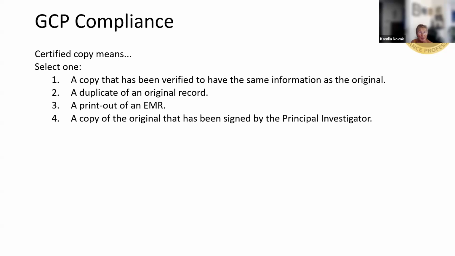This is a very easy one. Certified copy means, and you select one: a copy that has been verified to have the same information as the original, a duplicate of an original record, a printout of an electronic medical record, a copy of the original that has been signed by the principal investigator.